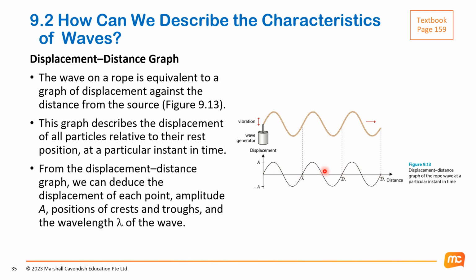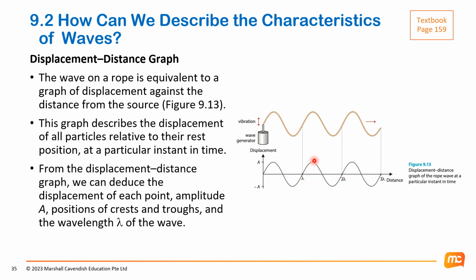However, from this, we can determine that here is a crest, here is a crest, here is a crest, as well as where the troughs are, here, here, and here. And as we know earlier, the wavelength lambda of the wave is the distance between each cycle of the waveform, each repeated part.